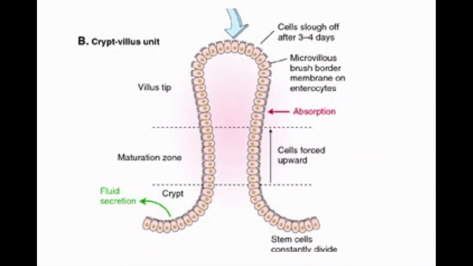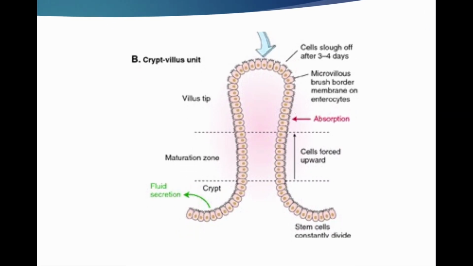So you can see here, we have a crypt down at the bottom. We have our villus tip. These villi have microvilli, little brushes that further increase surface area. So all the absorption occurs up at the top.